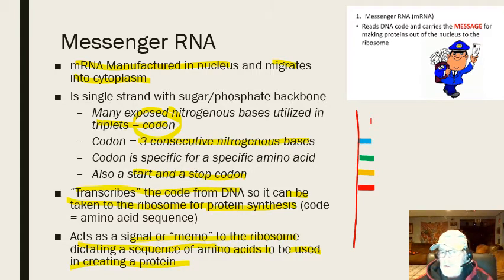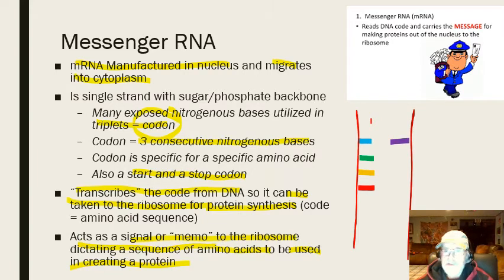Okay, so when these bases are exposed on DNA, what happens is RNA builds another sugar backbone. If that was an adenine, it normally in DNA would bind to thymine, but in RNA there is no thymine, so it's going to bind to uracil.